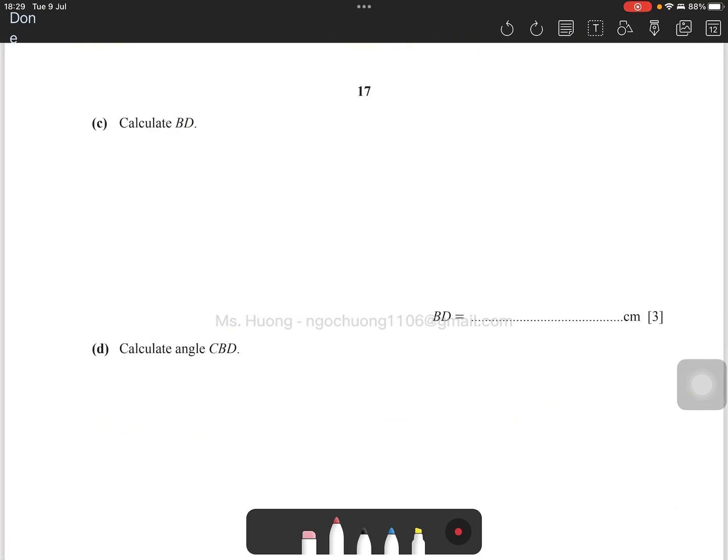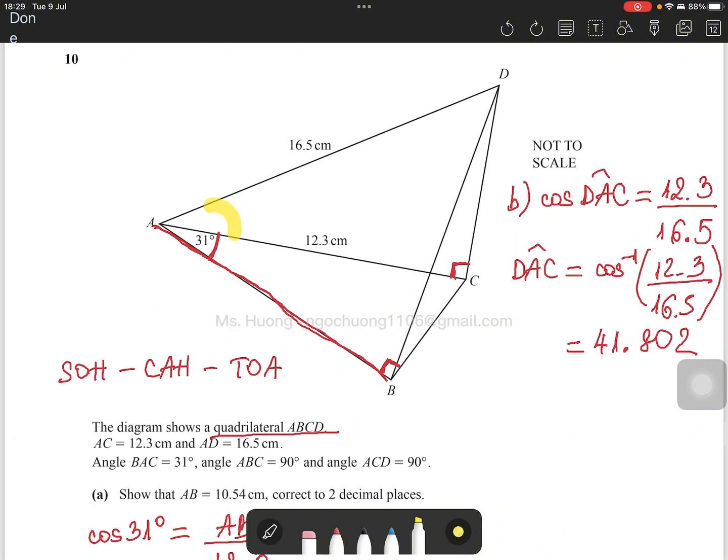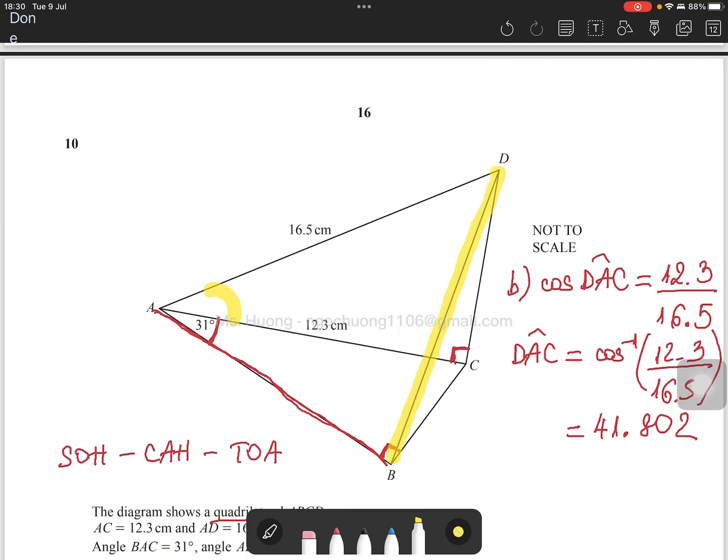Question C. Calculate BD. BD is this line. And look at the triangle ABD. From question A, we know that the length of AB is 10.54 centimeters.